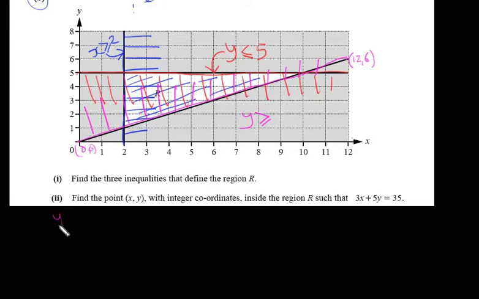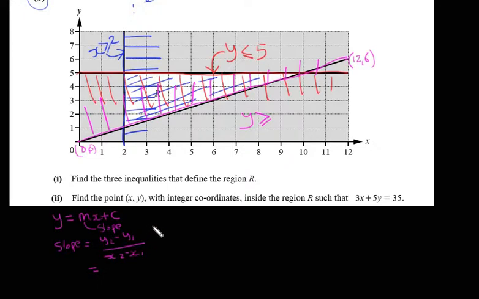The equation of a straight line is in the form of mx plus c, where m is the slope, which we're going to find now. So the slope is equal to y2 minus y1 over x2 minus x1.